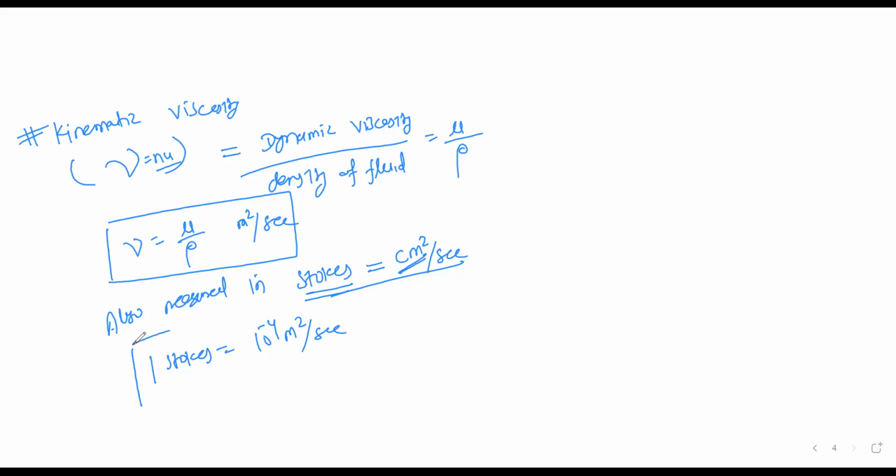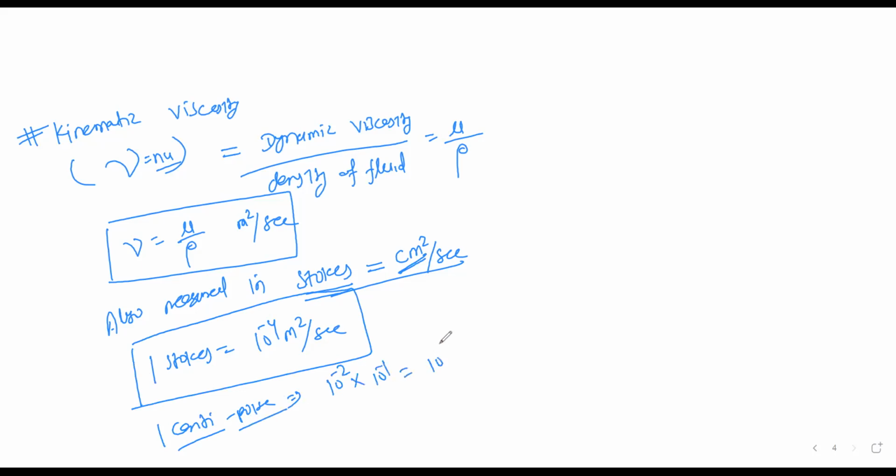Or sometimes it is given as 1 centistokes. 1 centi means 10 raised to minus 2, and stokes means 10 raised to minus 1. It is given as totally 10 raised to minus 3 meter square per second. Not meter square per second, it's Newton second per meter square. Poise is a unit of dynamic viscosity. So this is one more way to convert.